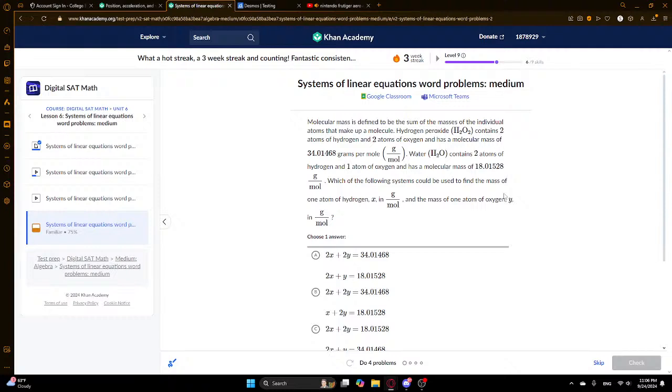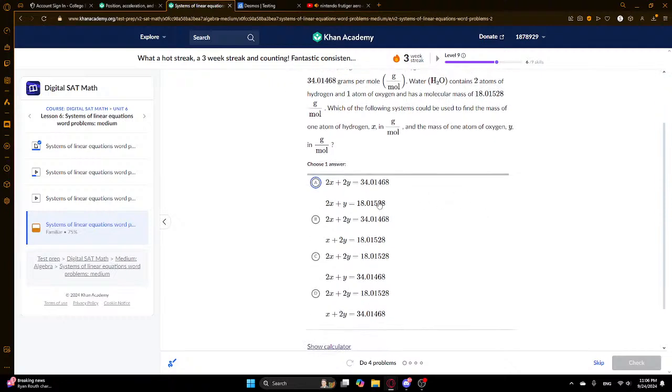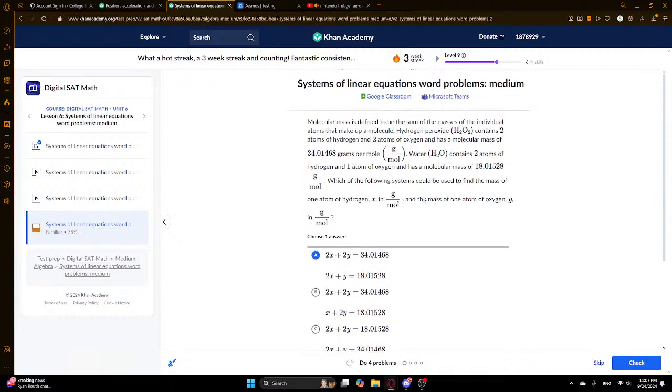Two H plus 2O should equal 34.01468. Systems could be used to find the mass of one atom of hydrogen. Hydrogen is X.